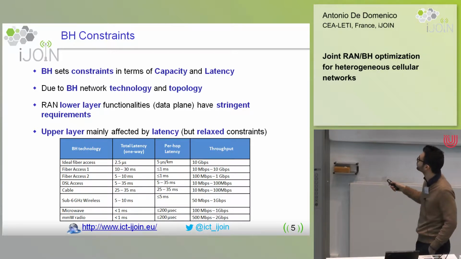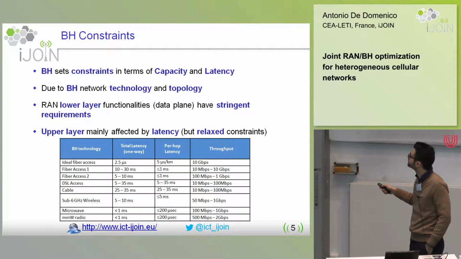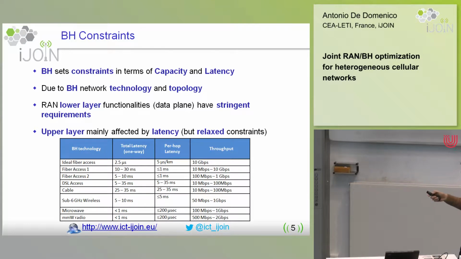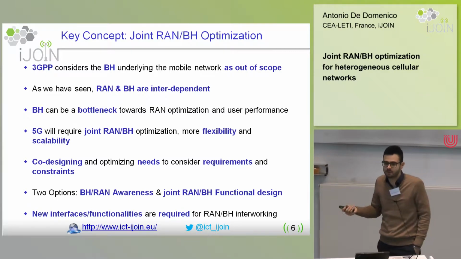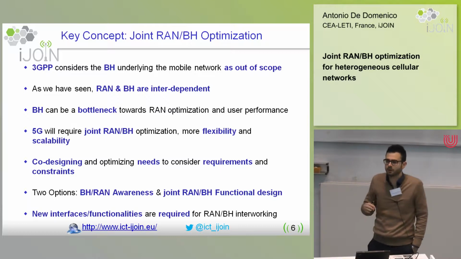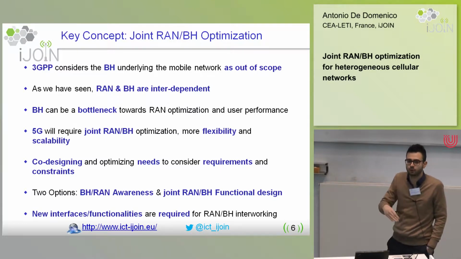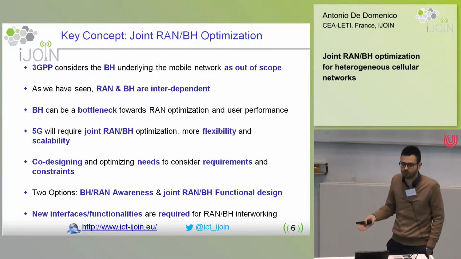And also in terms of throughput, you have multi-gigabit technologies and technologies like xDSL, where the capacity goes between 10 megabits up to 100 megabits per second. So from one side, we have seen that RAN and backhaul are interdependent. They add constraints. You have RAN constraints on the backhaul functionalities and backhaul constraints on the RAN functionalities.